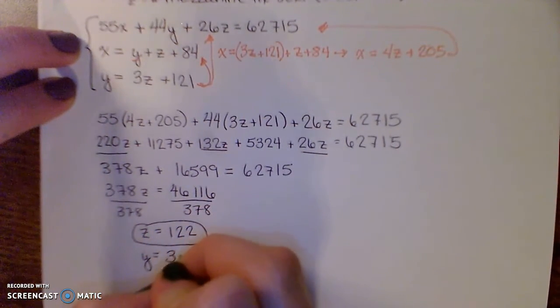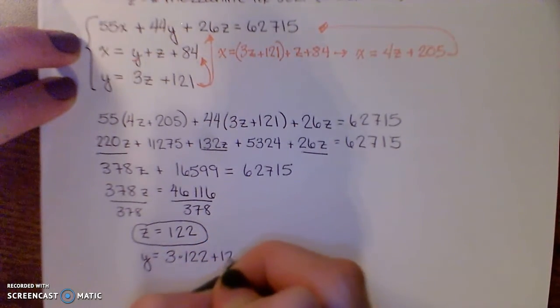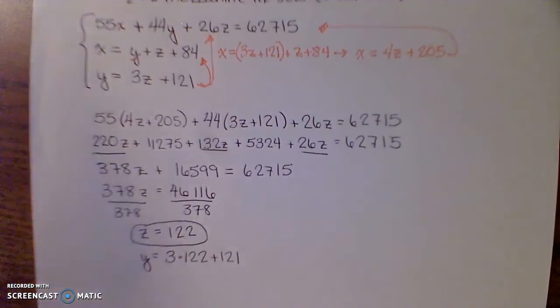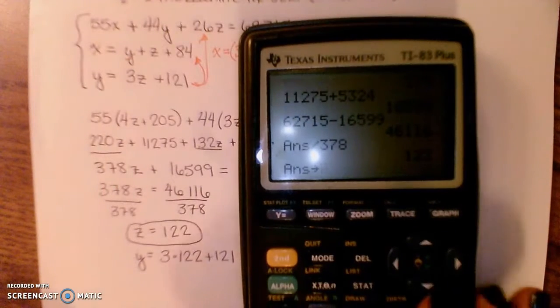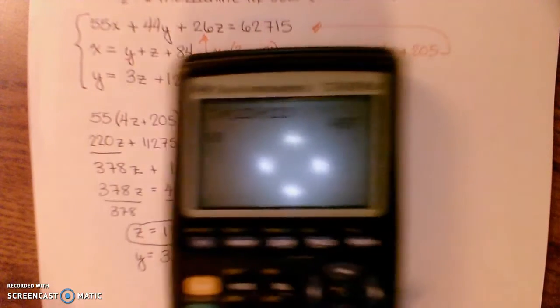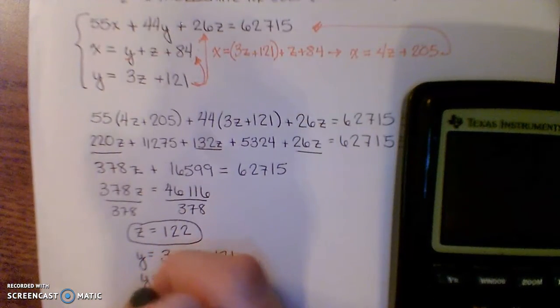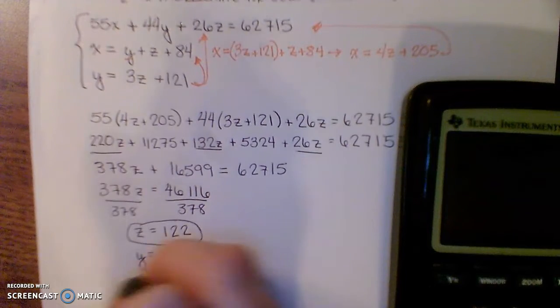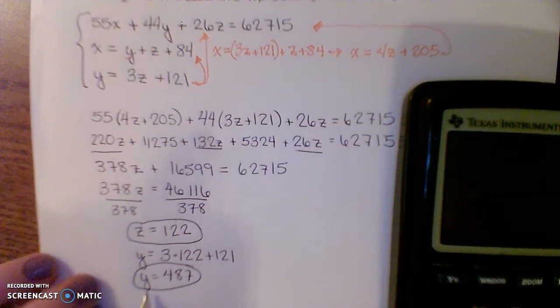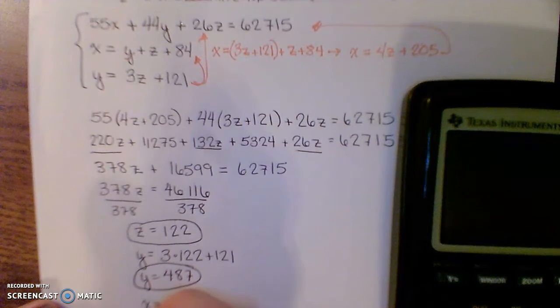Y will be 3z plus 121, so 3 times 122 plus 121. You get 487. And then I can take both of these and plug them into this equation for x.